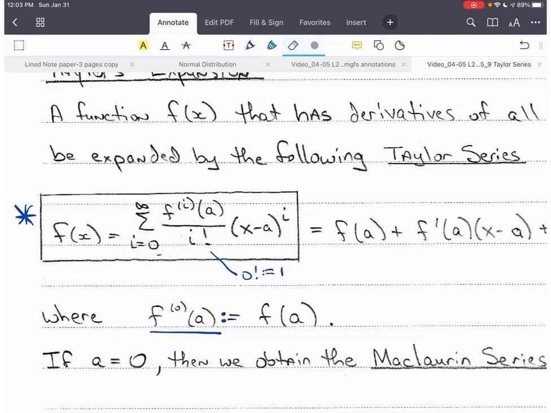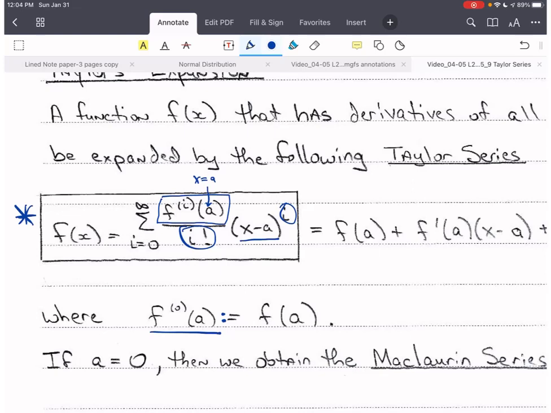Now, we have the function, the ith derivative at the point a, at x equals a. Then we take x minus a raised to the ith power, and the whole thing is divided by i factorial.